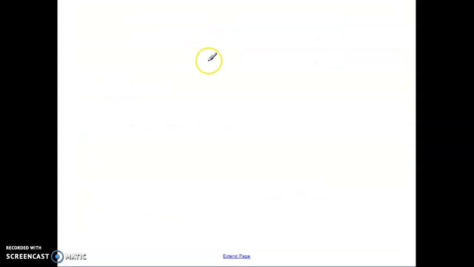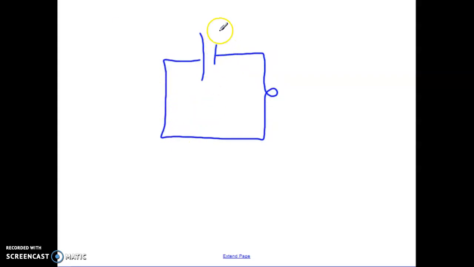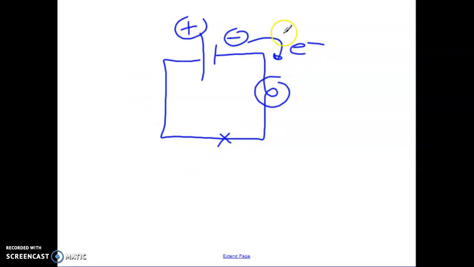So when we're drawing a circuit and we are measuring, let's say we had a very simple one to show you what I mean. Let's say we wanted to measure the current right here. So the electrons are traveling in this way. I want to measure the electrons that are coming out of the light bulb. I want to know how fast they are coming out on this piece of wire right here.